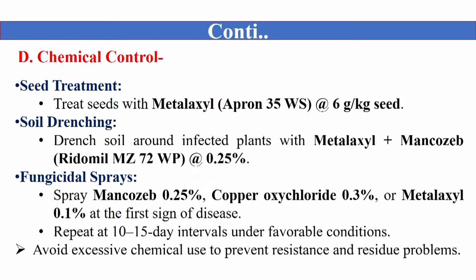You can also repeat if the disease severity is not under control, at 10 to 15 day intervals under favorable conditions. But you have to avoid excessive chemical use to prevent resistance and residue problems in the field.